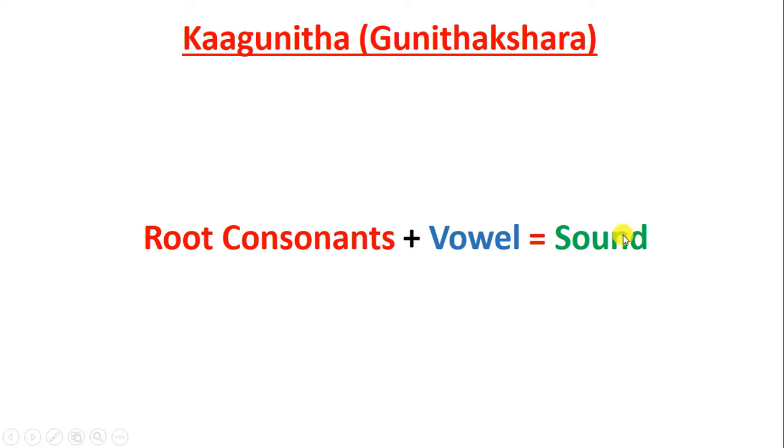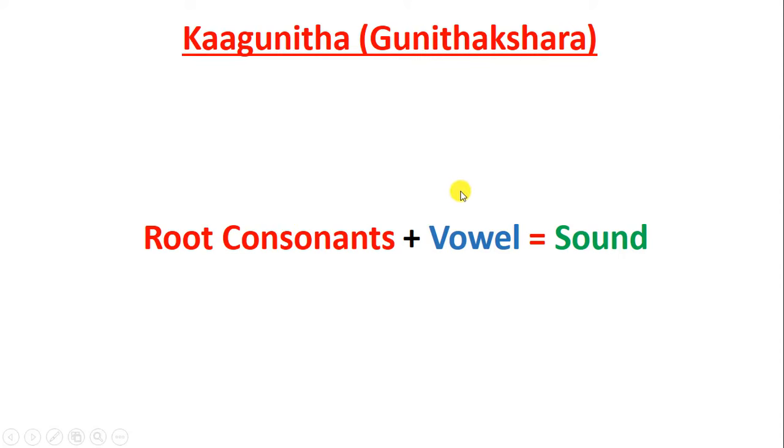So what is a sound? The sound is ka, ga, ki, la, ni, nu. All these are sounds, and we have got those sounds by adding a vowel to a root consonant.